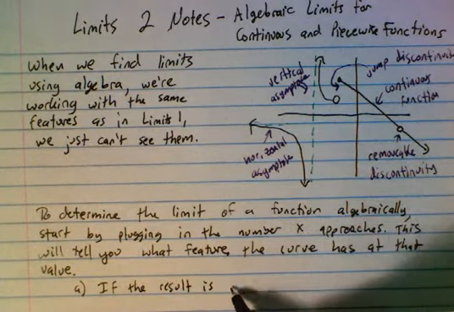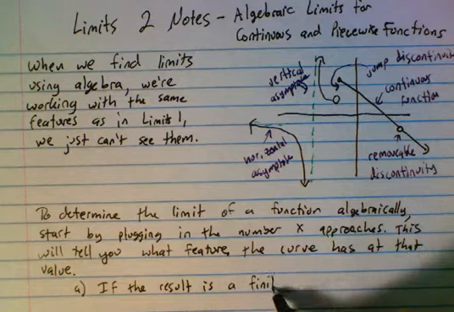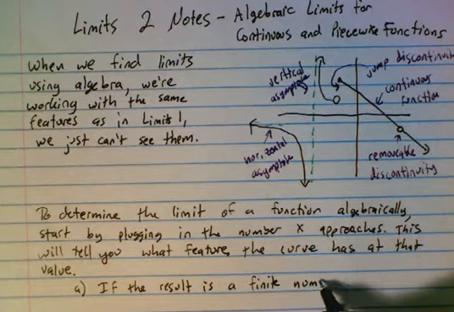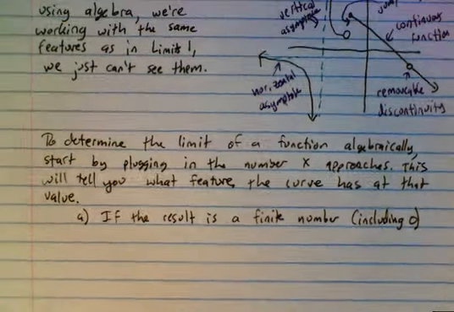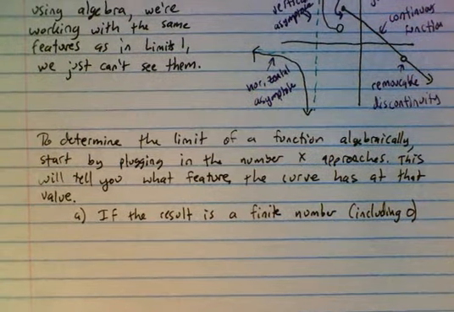If the result is a finite number, so that's any number other than infinity, so pi is a finite number. 0 is, -1, positive 297 million. Those are all finite numbers.